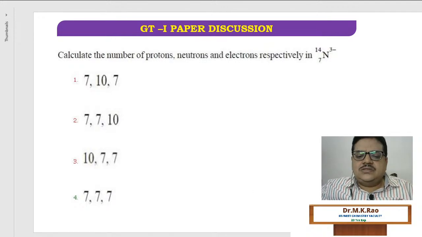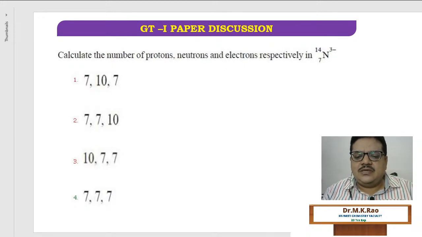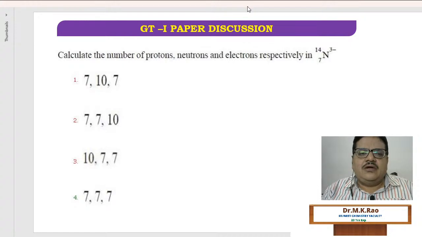Nitride ion means N minus 3. In this N minus 3, we need the number of electrons, protons and neutrons present in the nitride ion. N minus 3 contains how many protons?